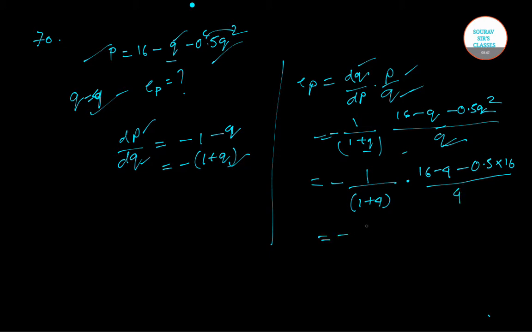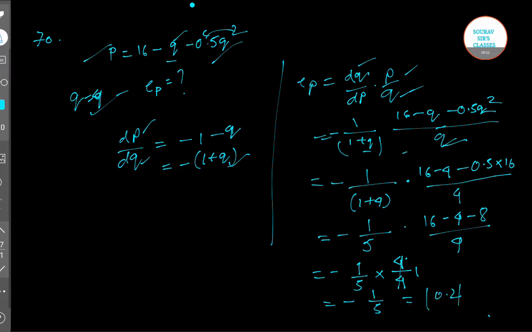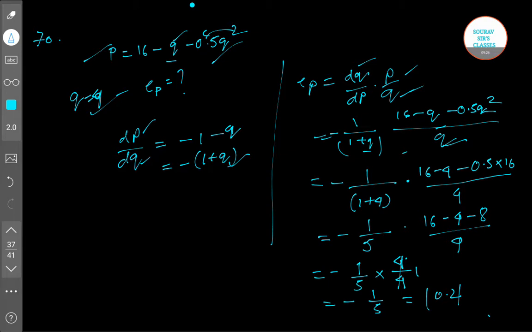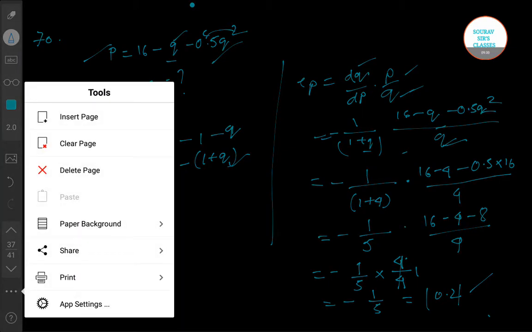Now if you further solve it, you get 1 by 5 into 16 minus 4 minus 8 divided by 4, so we are left with -1 by 5, which is nothing but 0.2. So we know the price elasticity of demand is 0.2. Now we'll simply go back to the question again.